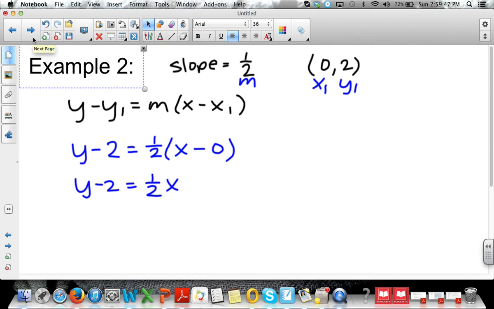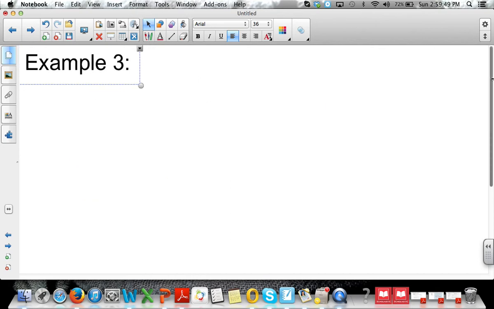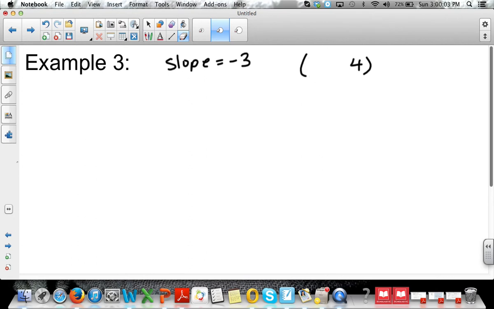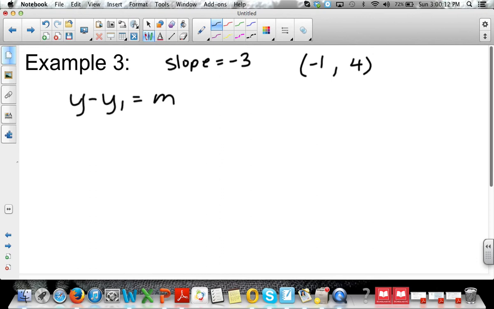Okay, let's try another example. No, I don't want that to be a 3 also, so let's make it negative 1. Okay, so write your general form down.